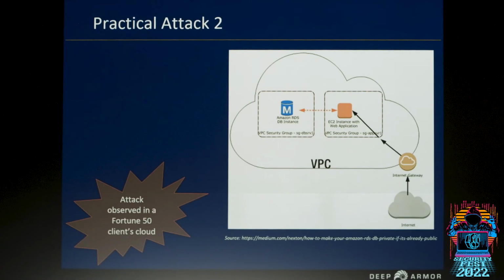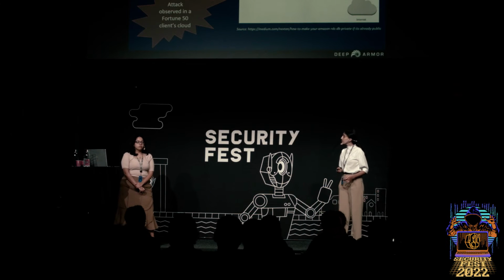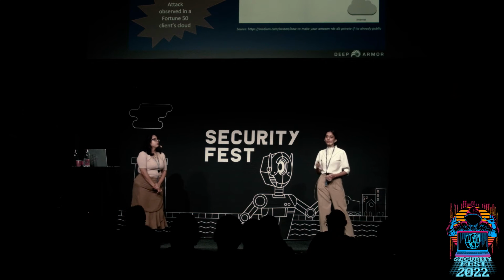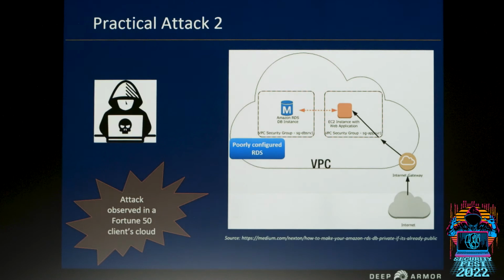Let's look into another example, where you're making sure your RDS instance and your EC2 instance are only accessible using one VPC network. Let's say that this RDS instance is poorly configured, and this attacker knows the connection string or the password for this RDS instance.